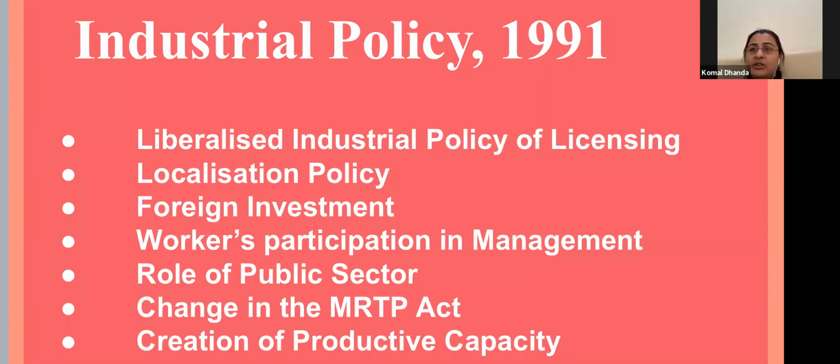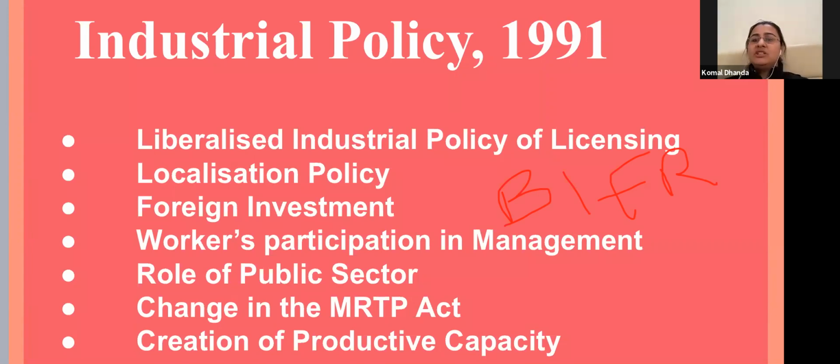It was decided that undertakings facing constant financial problems or other kinds of financial crises were referred to the Board of Industrial and Financial Reconstruction, BIFR. BIFR stands for Board of Industrial and Financial Reconstruction, so that companies going through some crisis can be fixed by the government.